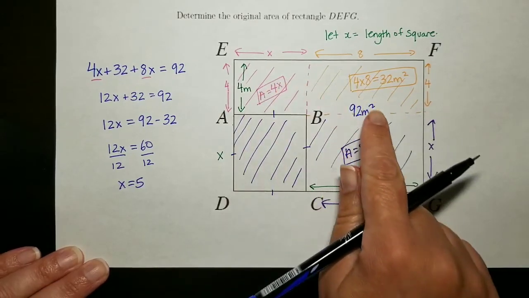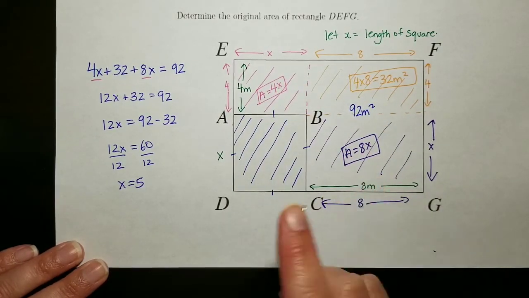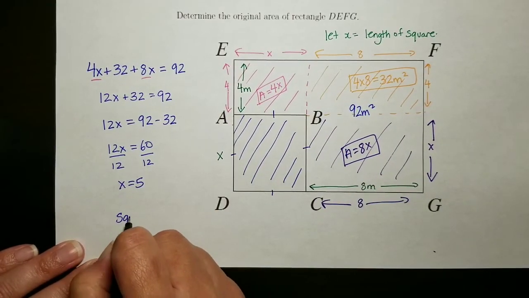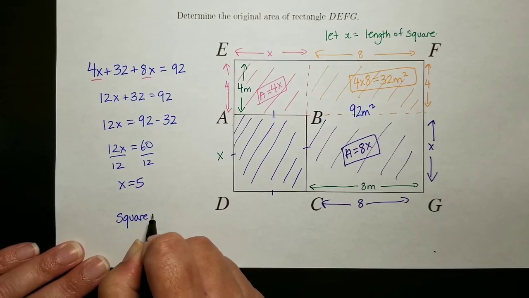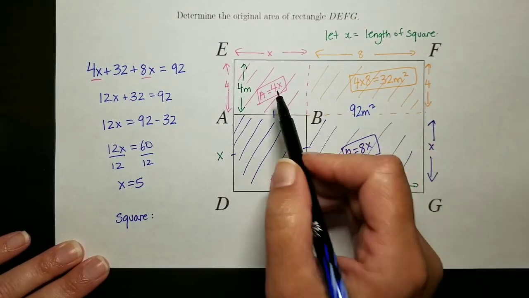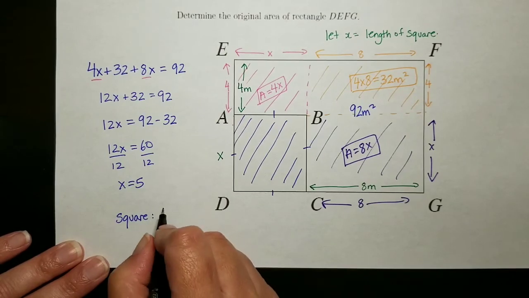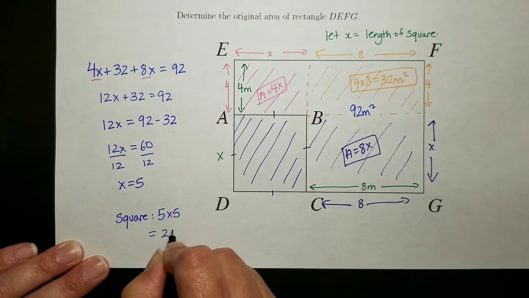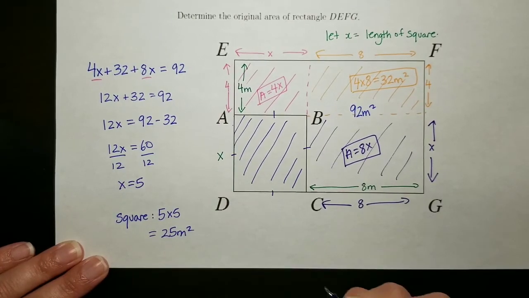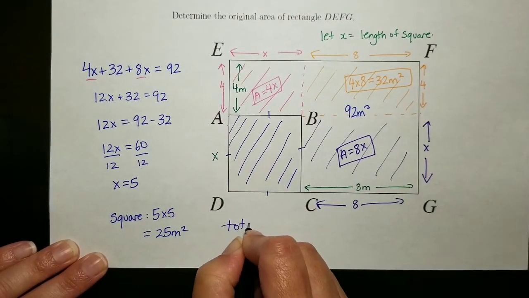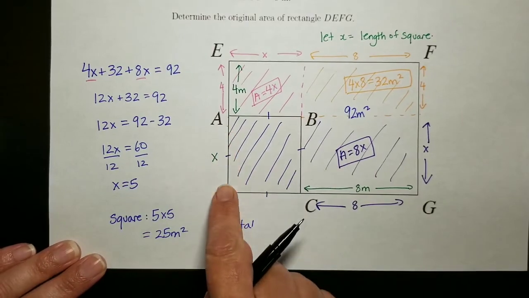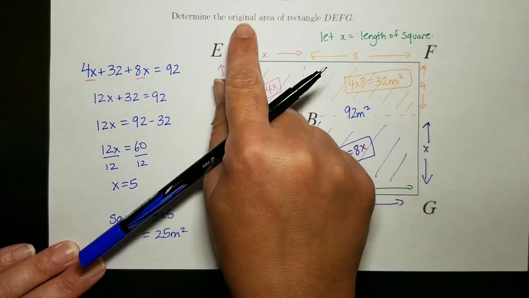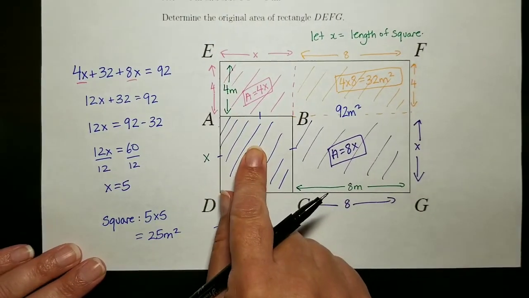So my whole original area was 92. The square, or this L-shaped area, all added up to 92. The square is going to be 5 times 5, which is 25 meters squared. So then the total, remember they didn't ask us for how big the square was. They said the original area before you cut out the square.